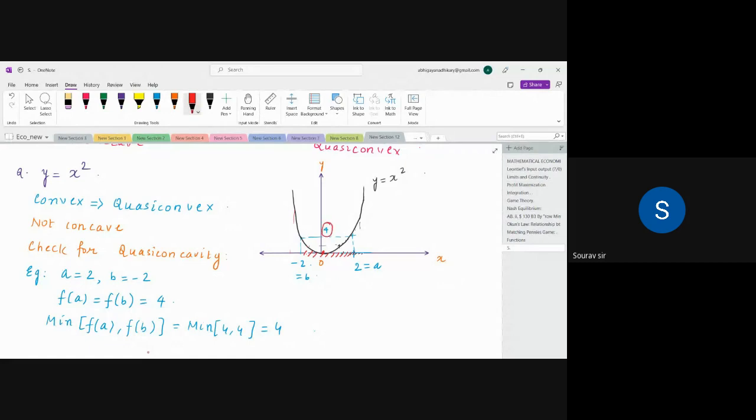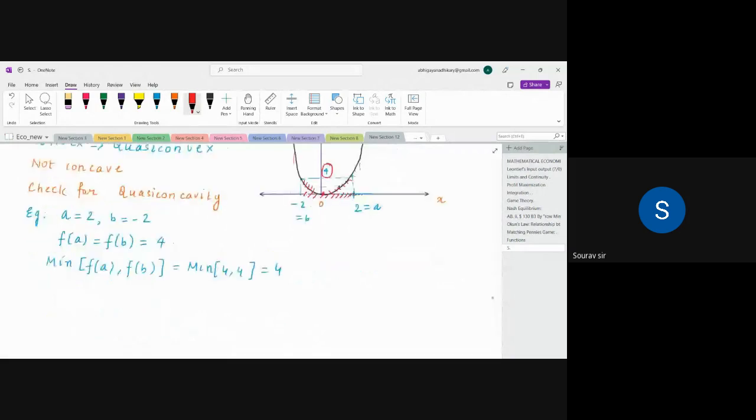The function is bending down over here in this way. Therefore, the functional value of lambda a plus 1 minus lambda b is not greater than or equal to the minimum of f(a), f(b). Therefore, it is not quasi-concave.